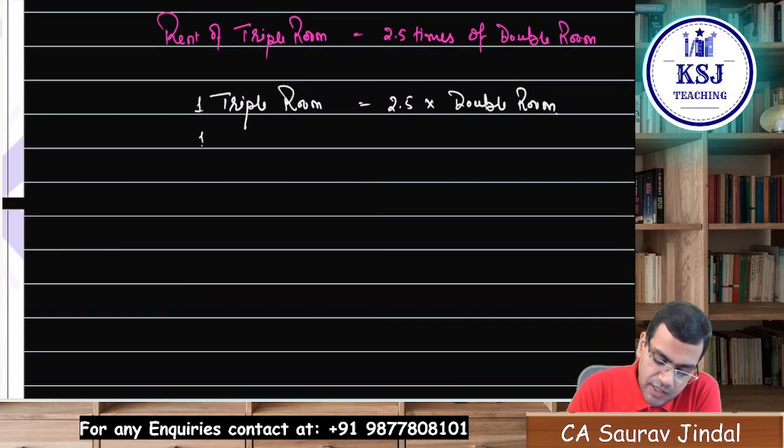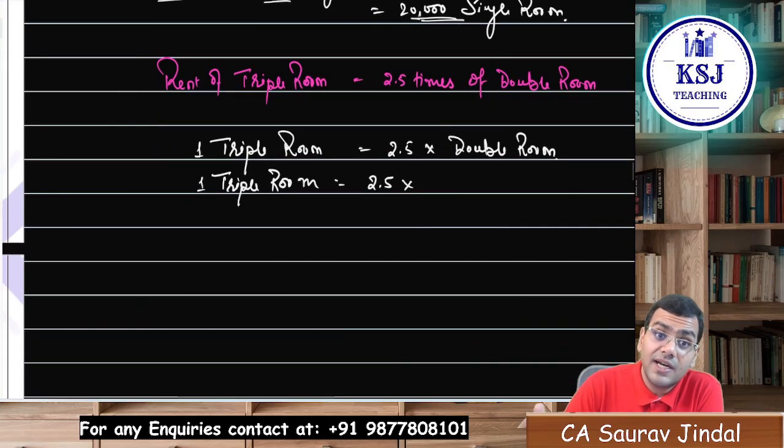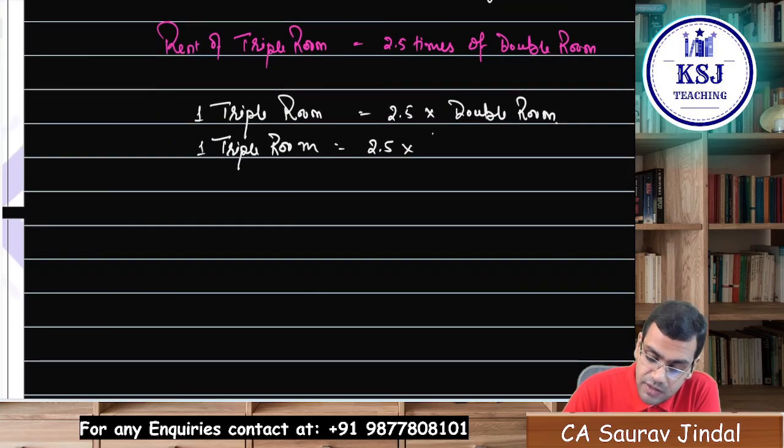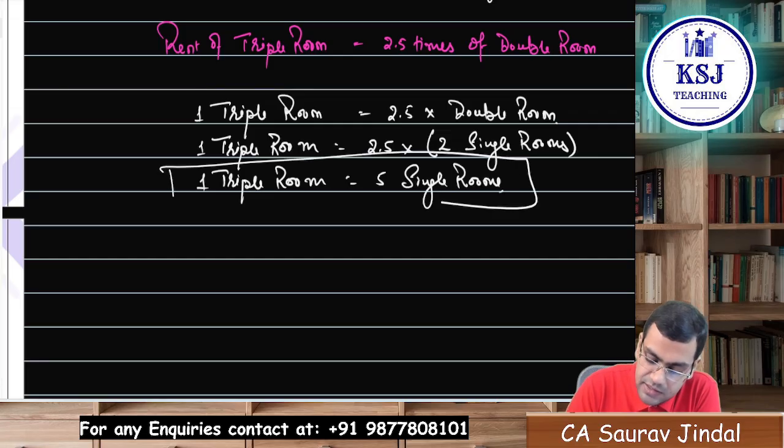Can I substitute here? I will replace the double room with single rooms because I want to convert everything into a single room. So one triple room is equal to 2.5 times two single rooms, that is, one triple room is equal to 5 single rooms. This is my equation.